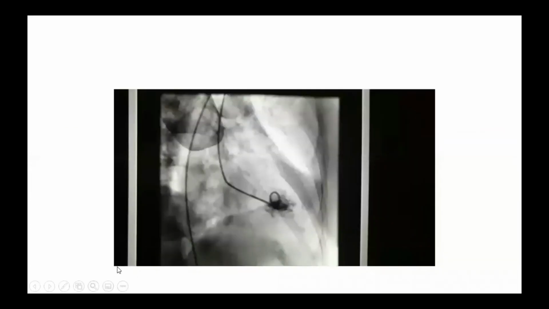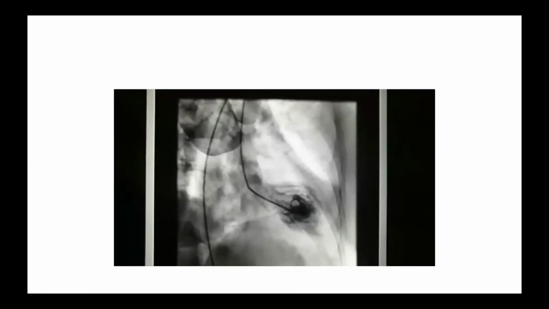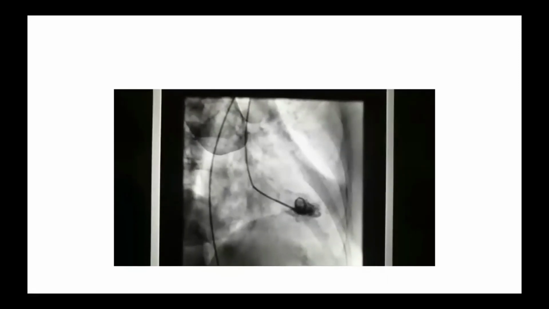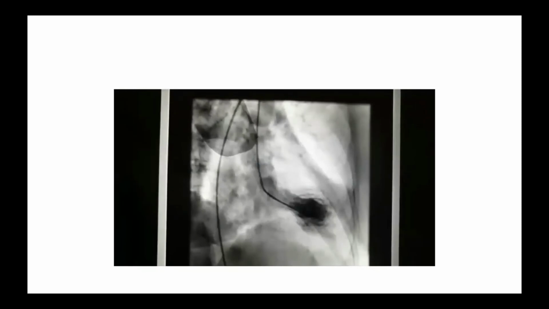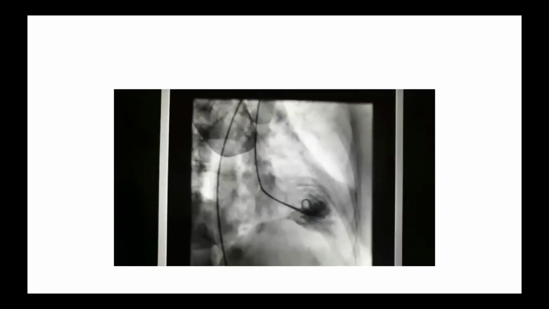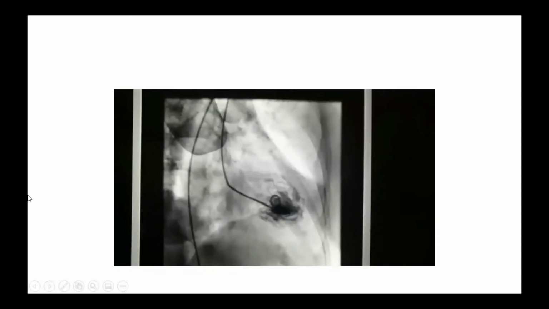Since they were already doing the coronaries, they did an LV ventriculogram for her. What is this? This is Takotsubo. This is the angiogram, the picture of the LV with the contrast.